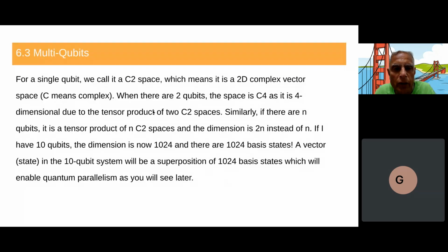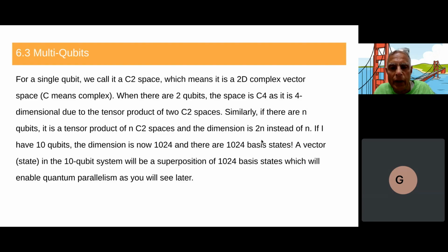In this case we are talking about a C2 space. We are interchanging H2 and C2, but at the same time what we are saying is that the complex space is used for the coefficients of the 2D complex vector. When we have 2 qubits, we said it is C4, that is H3 equals H1 into H2, which is C2 into C2, giving C4. That is because 2 to the power n comes into it. So if you have 4 dimensions, then we have 2 C2 spaces.